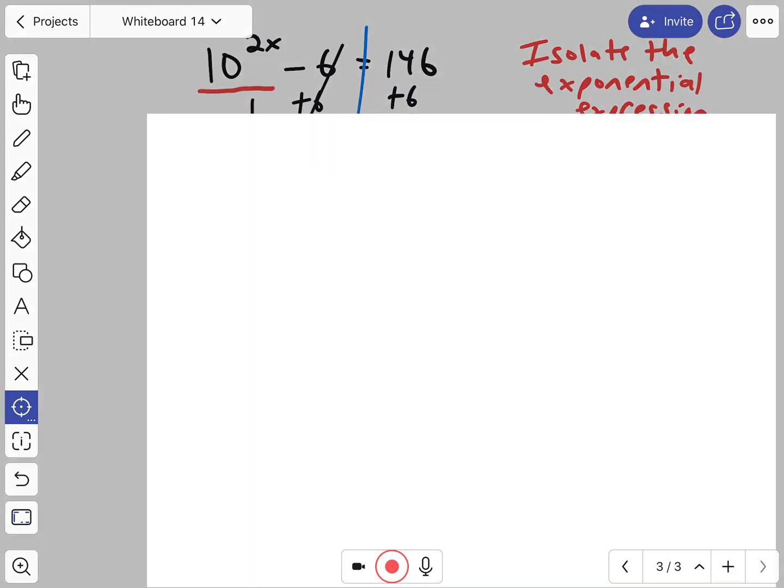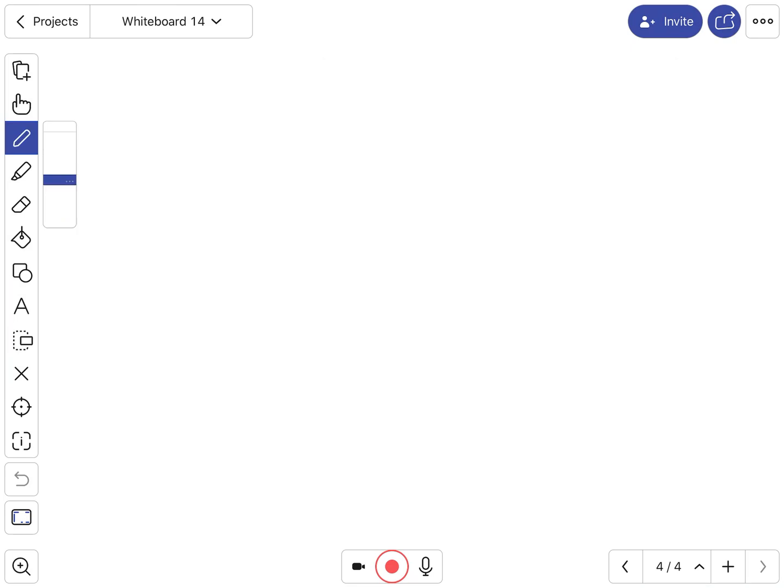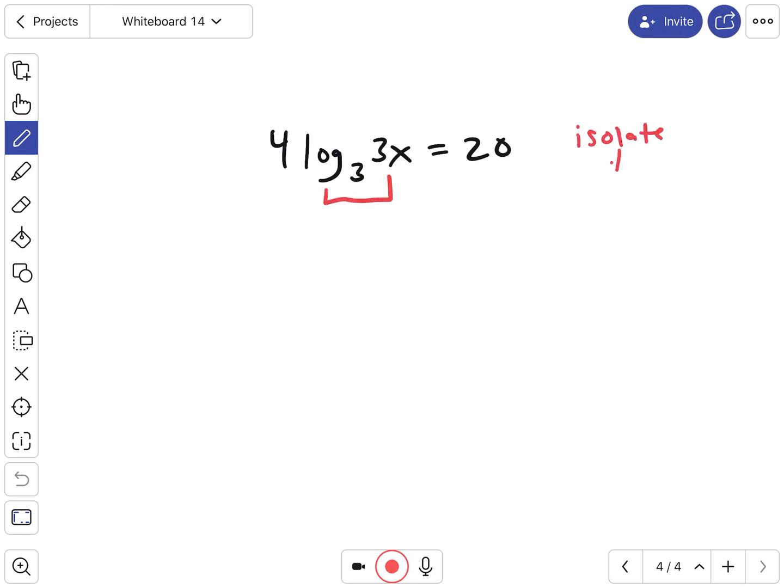And I'm going to do one more with the log, where you have to isolate the logarithm. So let's see, 4 log base 3 to the 3x equals 20. So again, this is the expression here, and we want to isolate that.